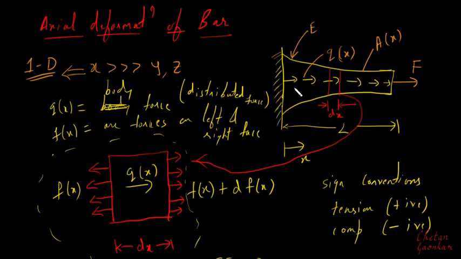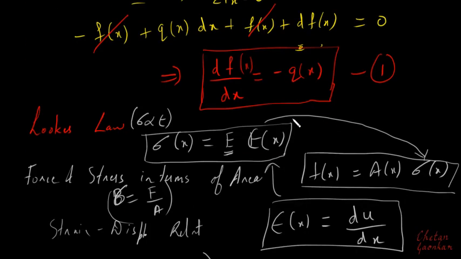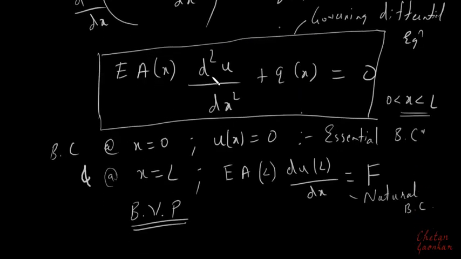For example, here we have seen the bar can be modeled using the differential equation EA d square u by dx square plus q of x equal to 0. This is called the governing differential equation. And the differential equations which require boundary conditions to obtain their solution are called boundary value problems.